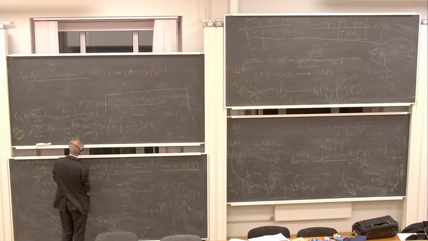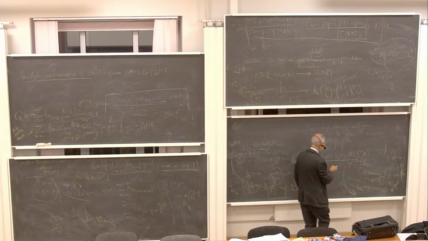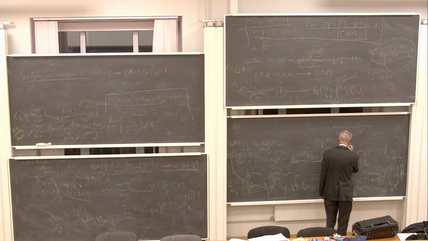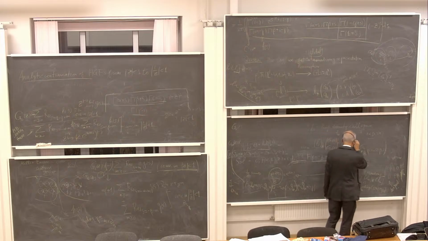So the result is e to the power 2 pi i times 1 minus gamma times G2, the initial value.